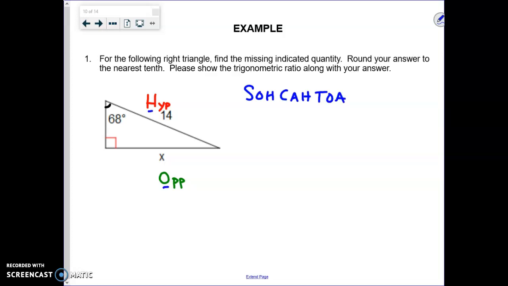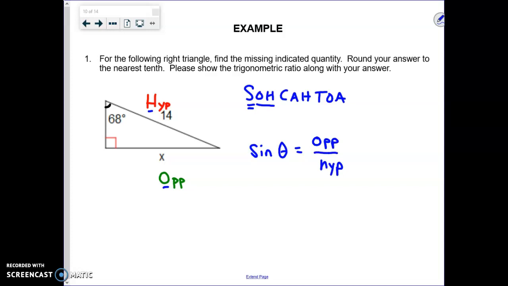If you take a look right here, there's your opposite to hypotenuse, and the letter out in front of it tells you that that's sine. So we're going to end up using the sine ratio. Sine of your angle theta is equal to the opposite side over the hypotenuse.